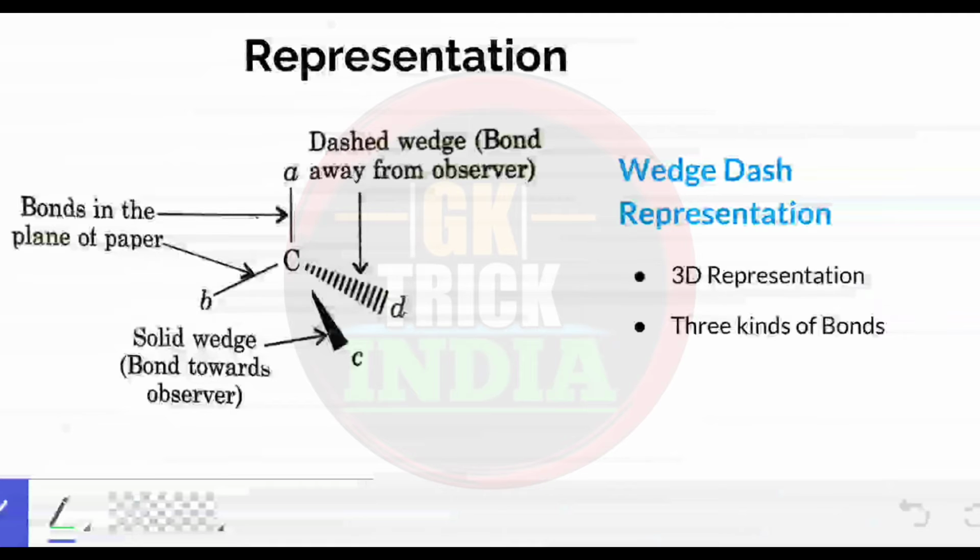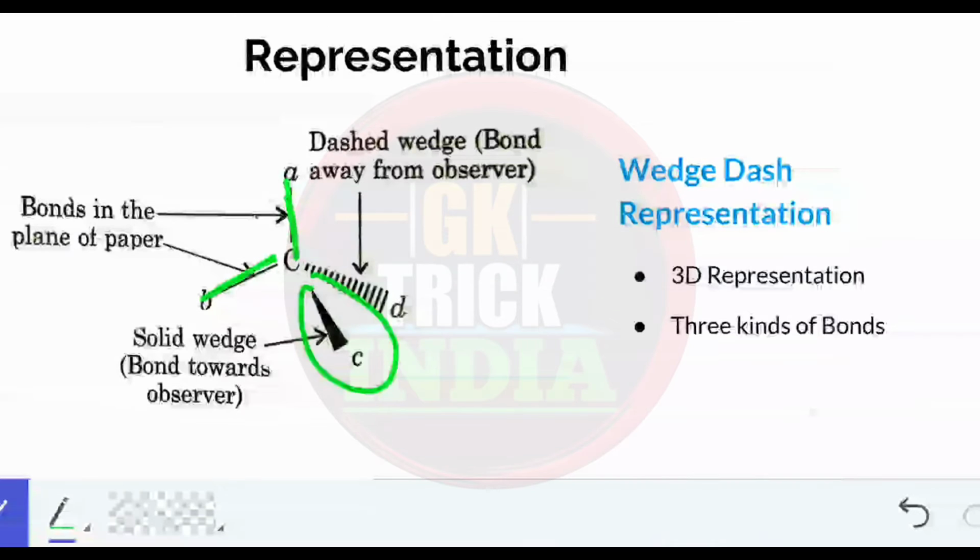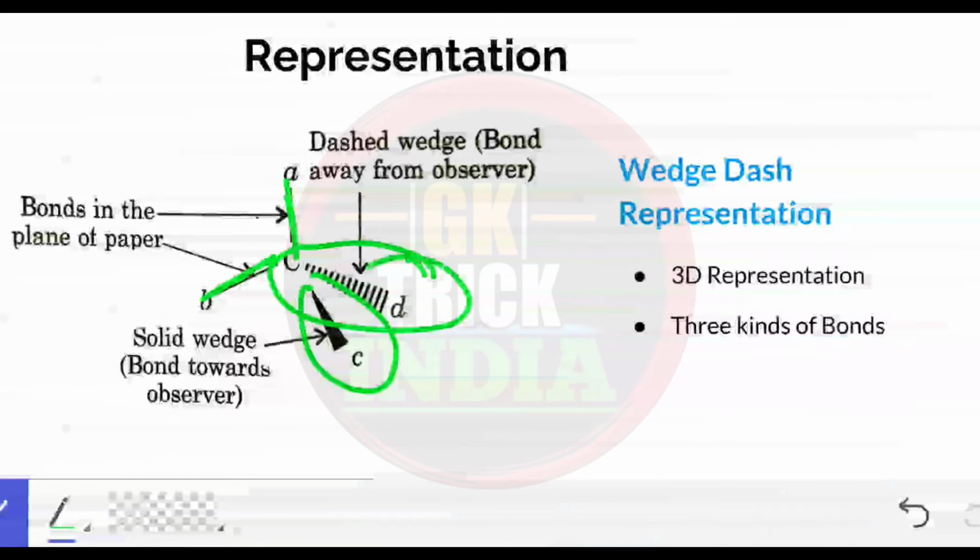Let's come to it. You have two bonds which are on the plane of the paper. You have one bond which is above the plane of the paper. Above the plane of the paper means it comes directly towards you, perpendicular to the sheet of paper you're writing on. And the other one is a dashed bond, which is below the plane of the paper.